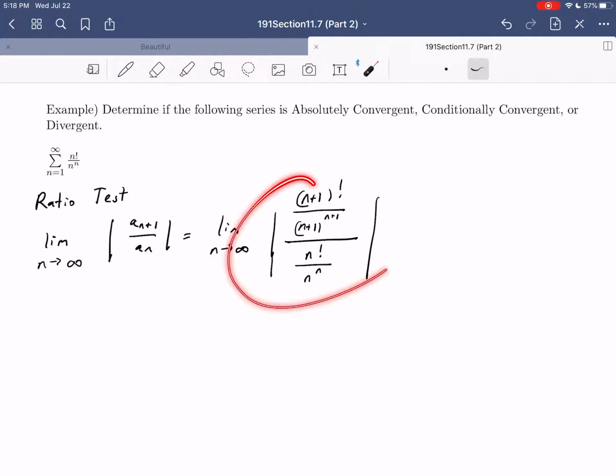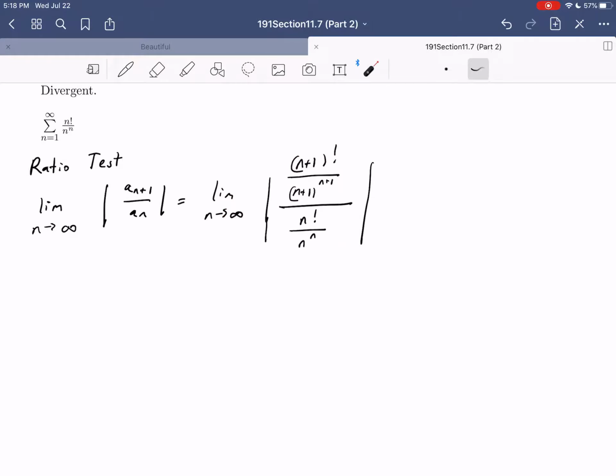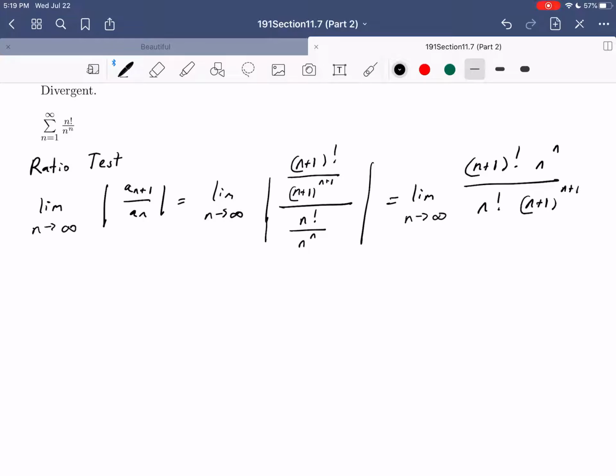I think we may have even done this once in a previous video, but let's just go ahead and continue through. Absolute value bars, again, unnecessary, so we can just drop those. Limit as n goes to infinity. We've got n plus 1 factorial, n to the n, and then we have n factorial and n plus 1 to the n plus 1.